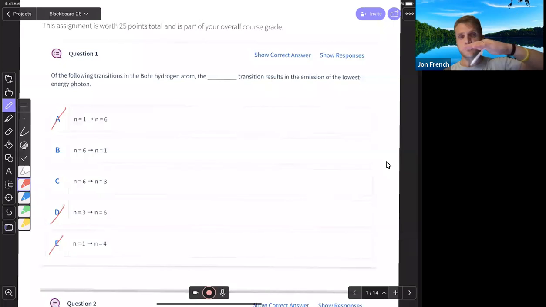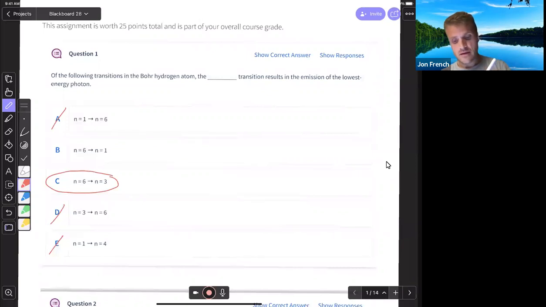To go upstairs, we're going up in higher energy. It's the same thing here. So we're looking for something that's going down in energy. So 6 to 1 is going down more steps in energy than 6 to 3. So 6 to 3 is a smaller energy gap. Because it's a smaller energy gap, it's going to have a smaller energy of a photon that it's releasing on the way back down.